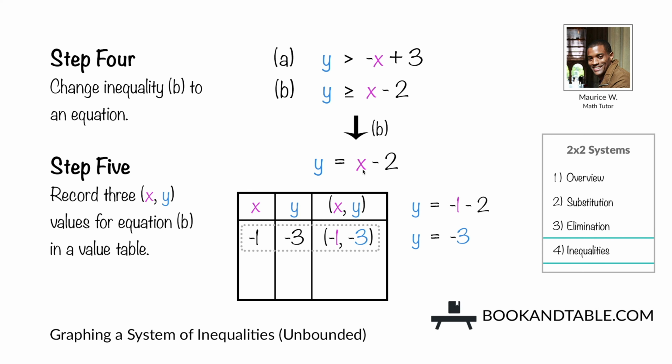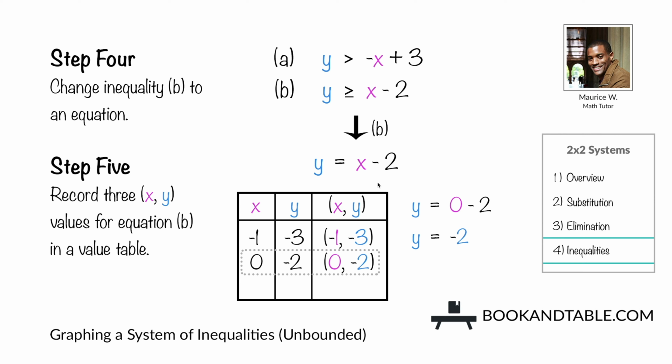We'll plug in -1, 0, and positive 1 for x, and then we'll record the resulting y value. So when x is -1, we get y is equal to -1 minus 2, which is equal to -3. So when x is -1, y is -3.